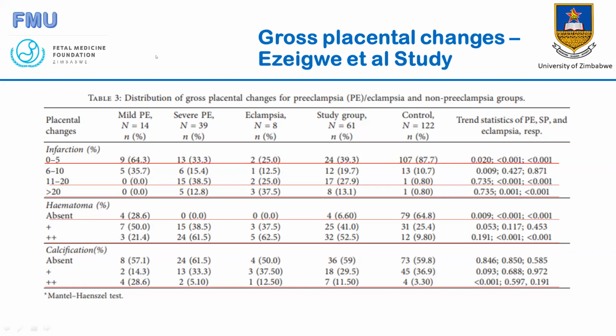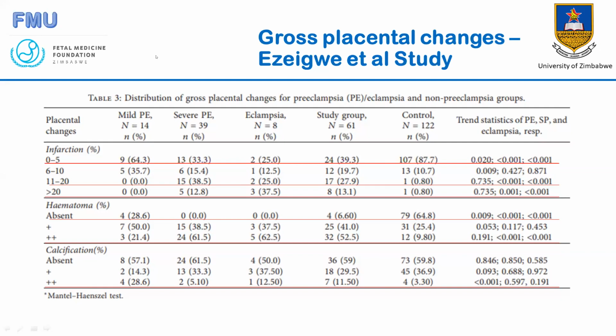Then, if you look at the second highlighted row of 11 to 20% infarction, there was no statistical significance in the mild preeclampsia, but it was exhibited in the severe preeclampsia as well as the eclampsia.